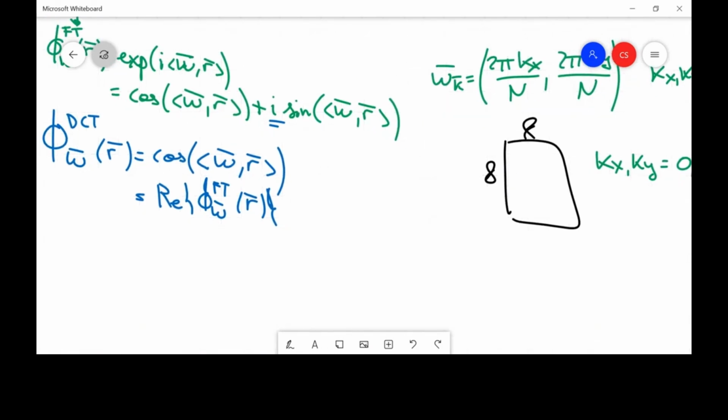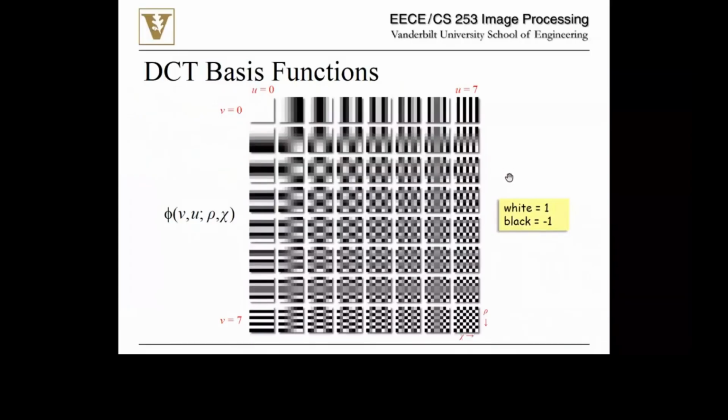So the possible frequencies can only take values between 0 and 7. This U and V, the way they are written here, are the kx, ky. They are not frequencies, but they are the index of that frequency. So they go from 0 to 7, and in V they go from 0 to 7.